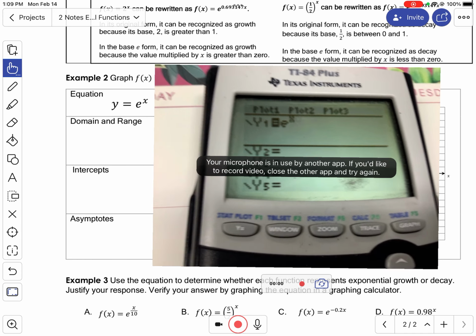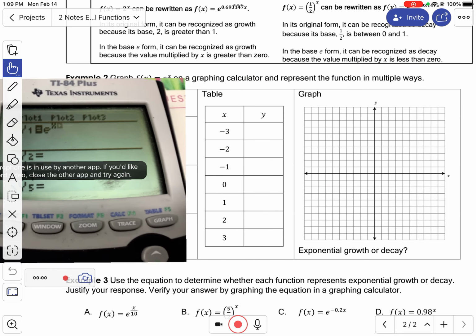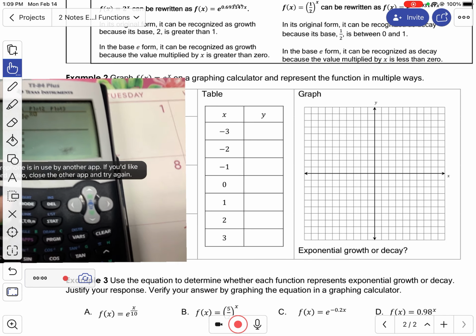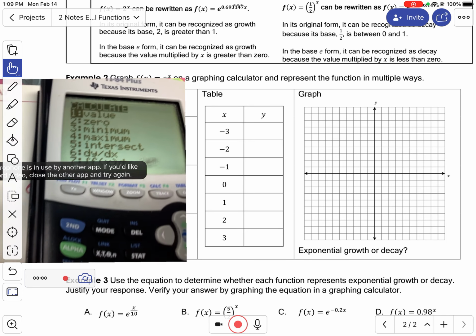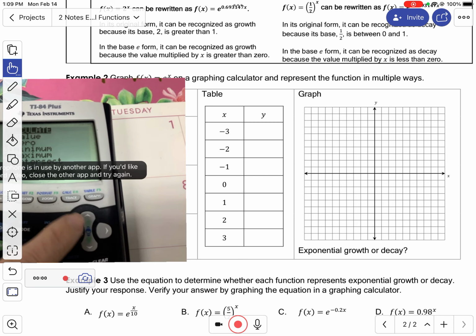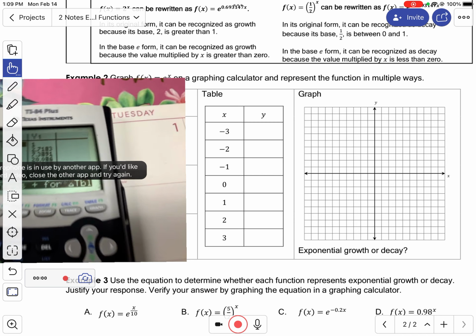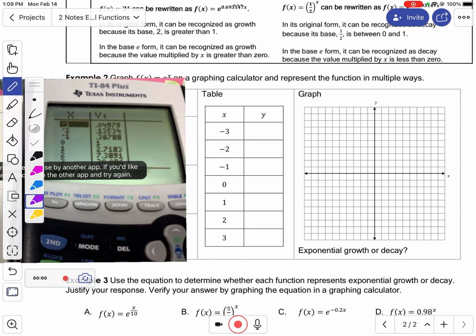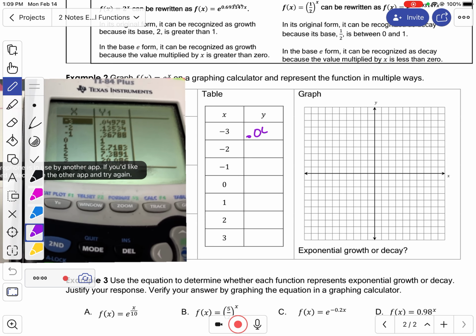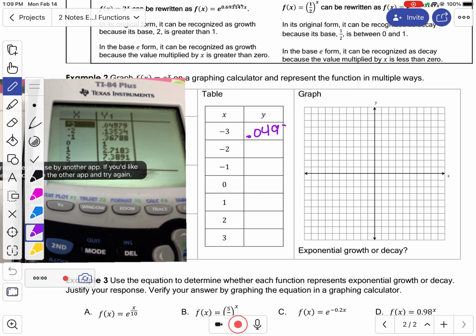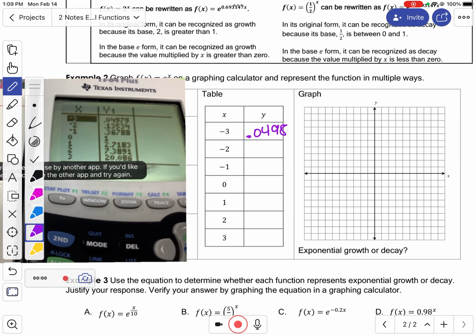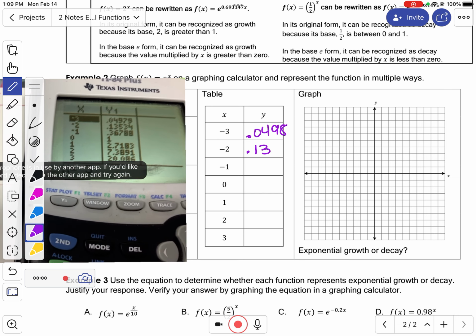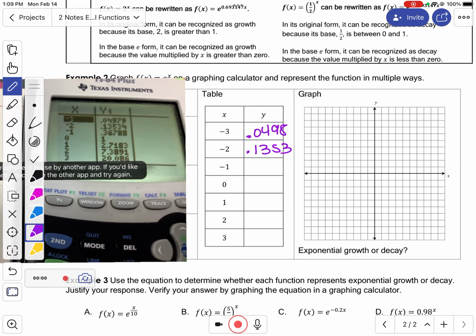Okay, so I'm going to go to my table so I can put my points in. So second table or graph. And then we're plugging in, it says -3, so that would be 0.0498. -2 would be 0.1353.